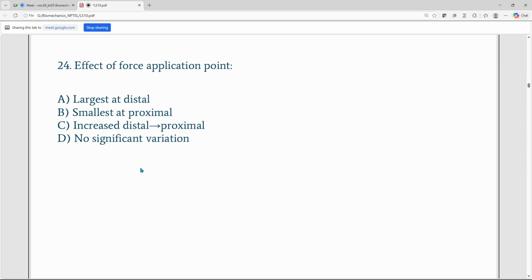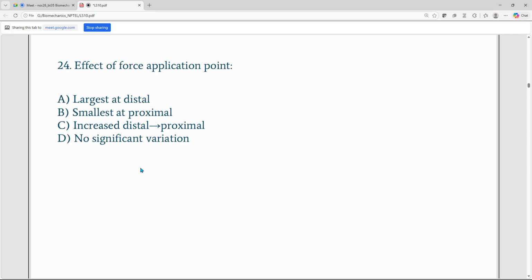The question is, how did the enslaving effect vary with the positioning of the force application points on the fingers? Option A, the enslavement effect was largest when forces were applied on the distal phalanx.